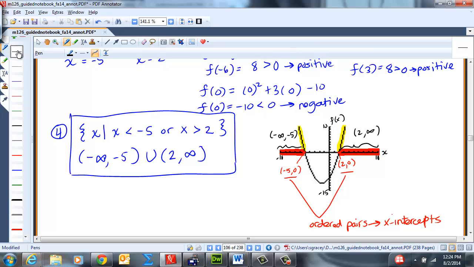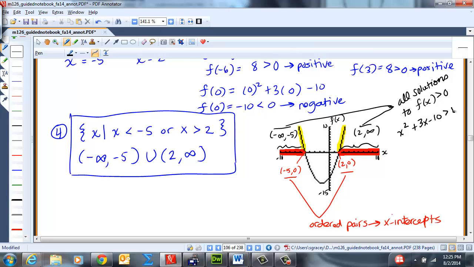And then these guys here are all solutions to f at x greater than 0, which was x squared plus 3x minus 10 greater than 0.